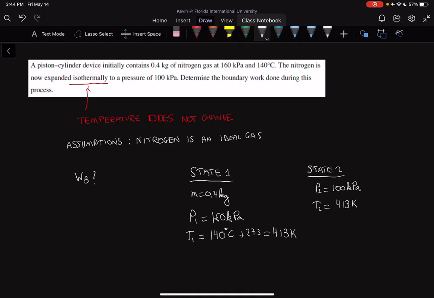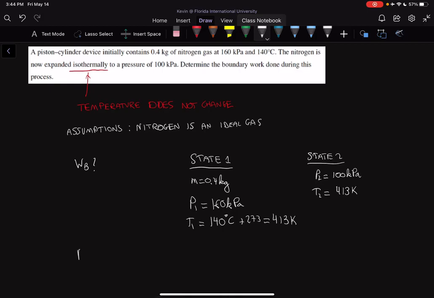We also know that nitrogen, we just looked it up, has 0.2968 kilojoules per kilogram Kelvin as its gas constant. And I'm writing this down right now because I know we're going to have to use it, but we could use it later if needed. So how are we going to try and solve this problem?